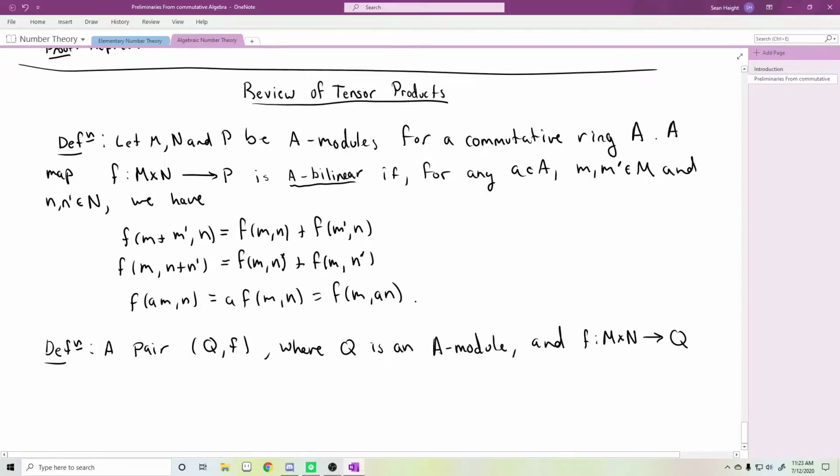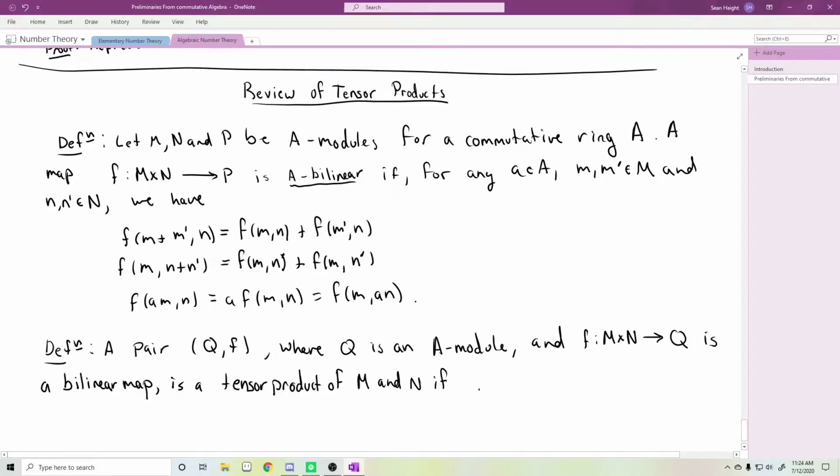Q is an A-module, F from M cross N to Q is a bilinear map. Okay. So we say such a pair is a tensor product of M and N if it satisfies the following universal property.